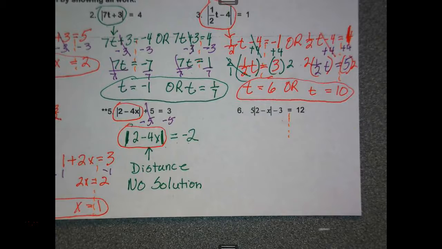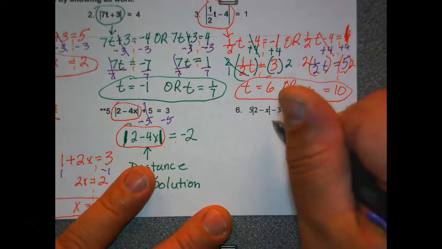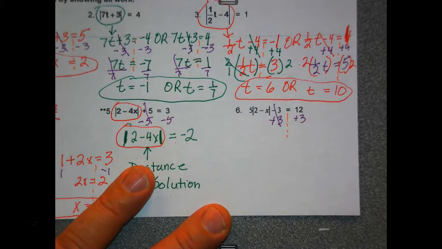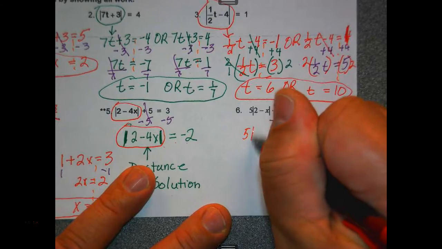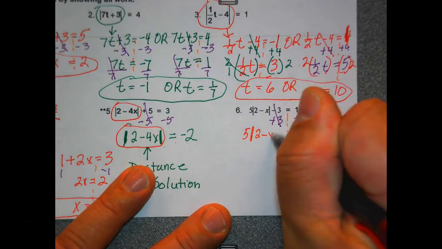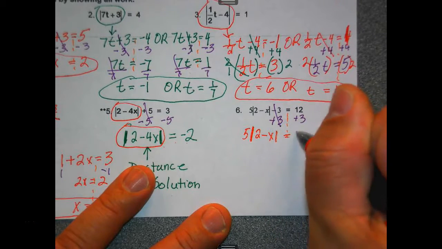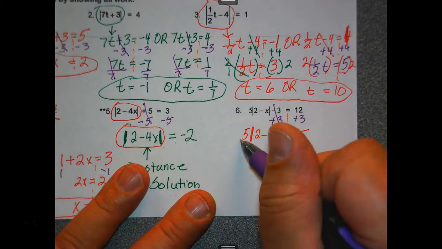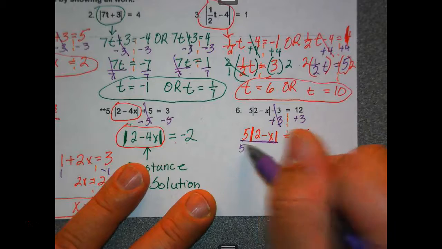You can do it, but it's going to get messy. I'm going to add 3 first to both sides. All right. So I get 5 times the absolute value of 2 minus x equals 15. Then I'm going to divide by 5. See how nicely that worked out?